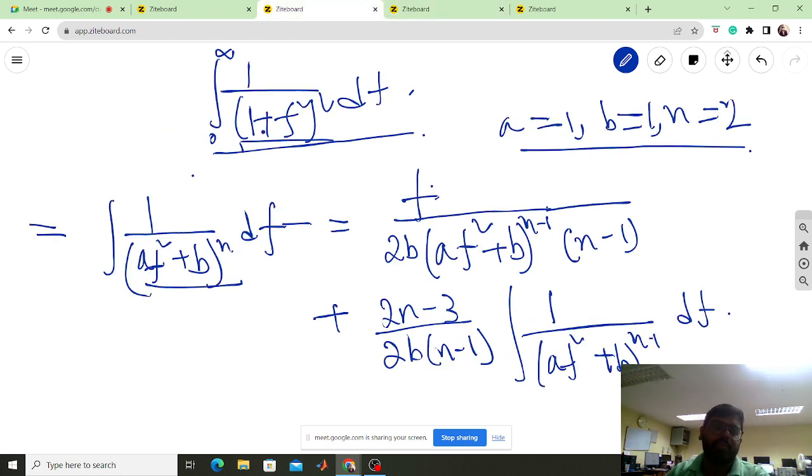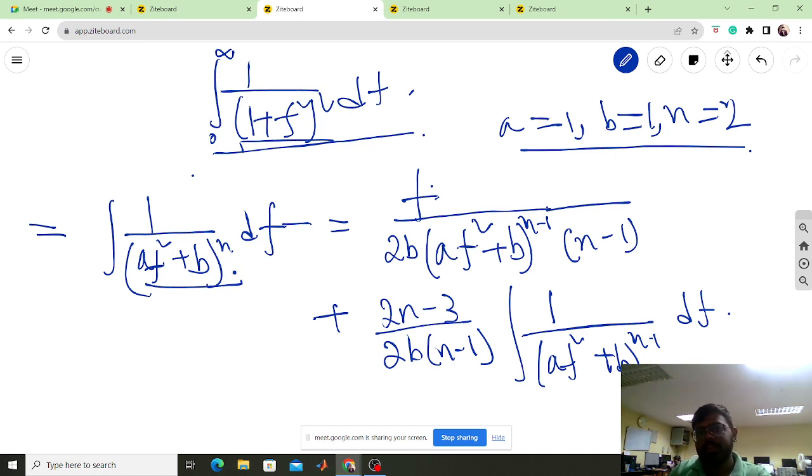So once again I am repeating, this is from 0 to infinity, 1 by (f square plus 1) whole square df. We are using this standard integration reduction formula, that is 1 by (a f square plus b) whole to the power n.